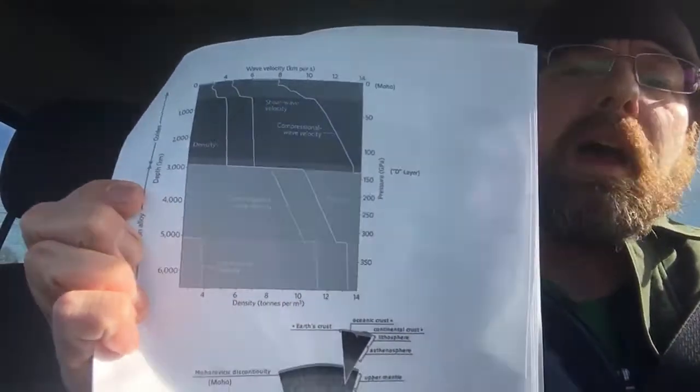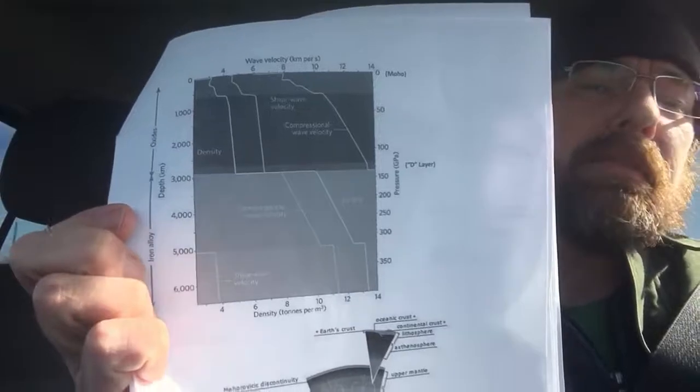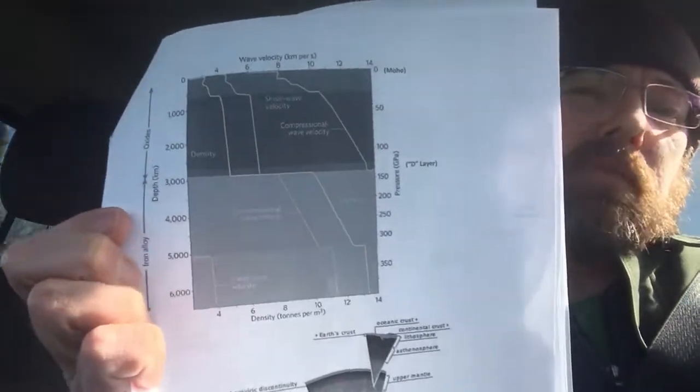Okay, now the Moho and things like the Moho and the D layer, which I'm going to talk about, which is also the Gutenberg discontinuity. These are discontinuities. They were named because of a change in velocity of seismic waves. Okay, that's the top graph there. All right, and I've labeled the Moho.